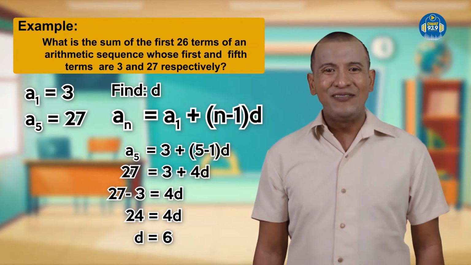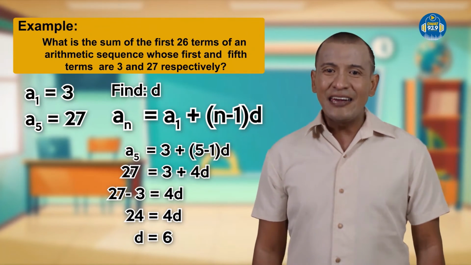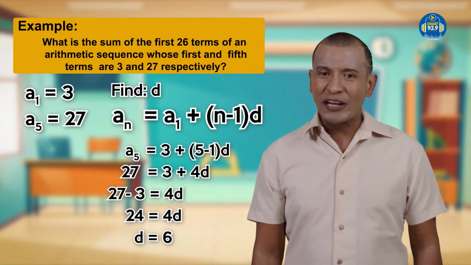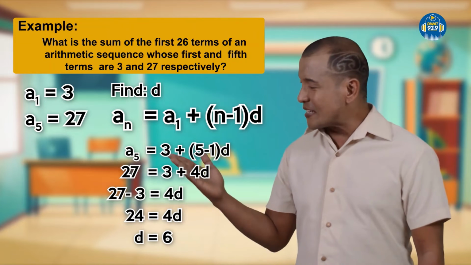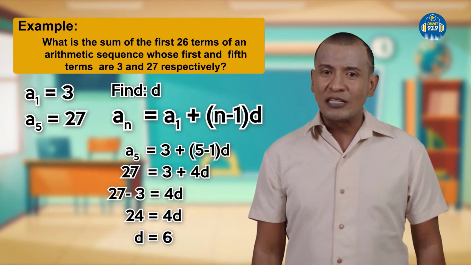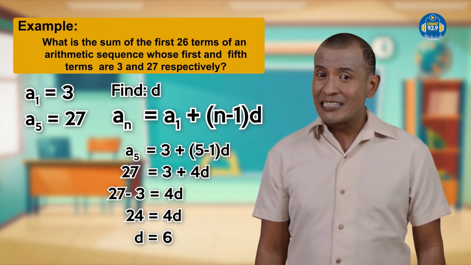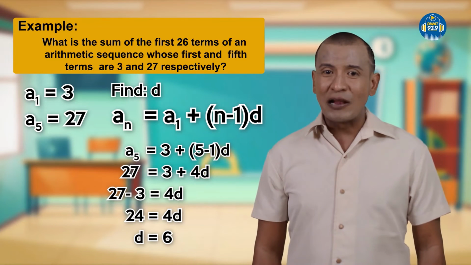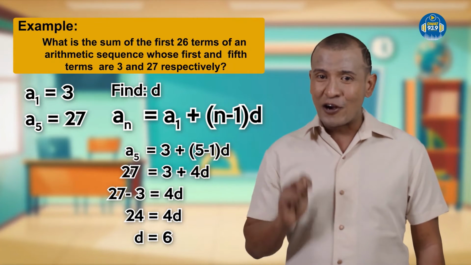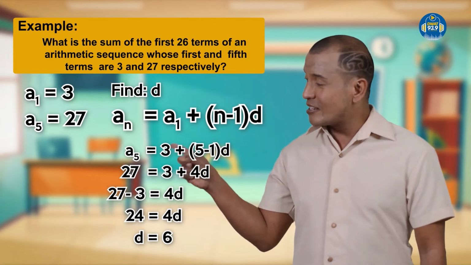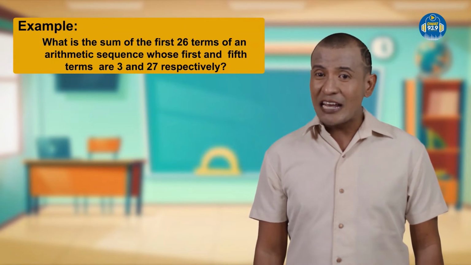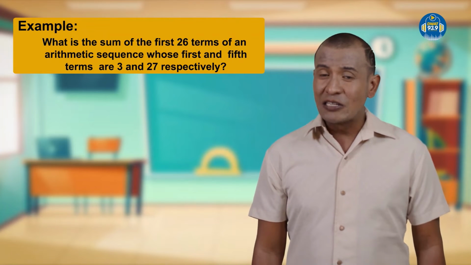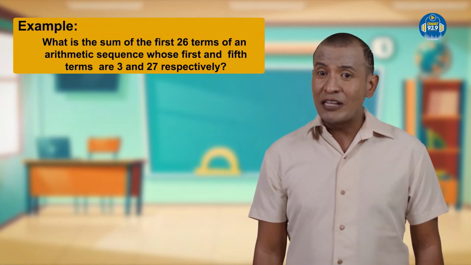Simplifying, we have 27 equals 3 plus 4d. Simplifying further, we have 27 minus 3 equals 4d. That is, 24 equals 4d. Therefore, d equals 6.